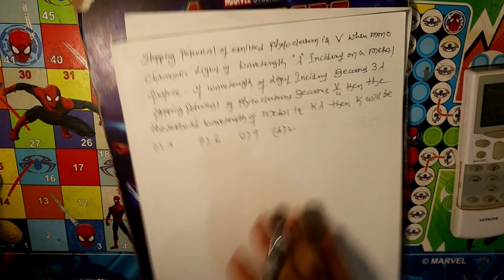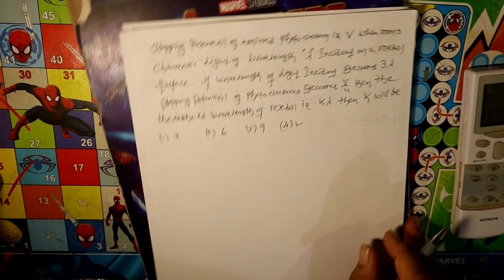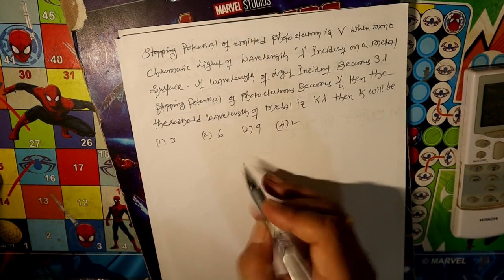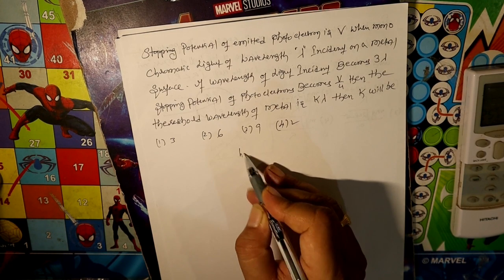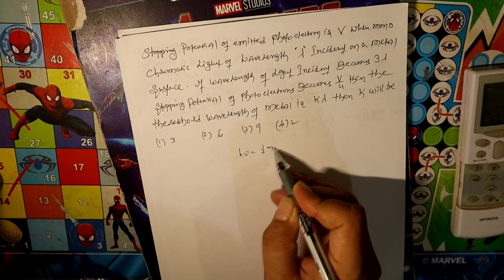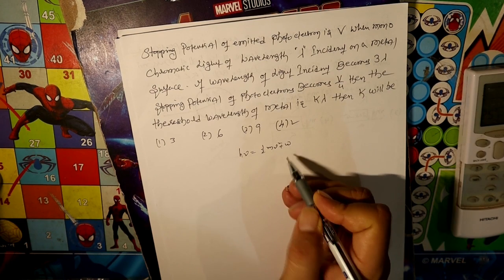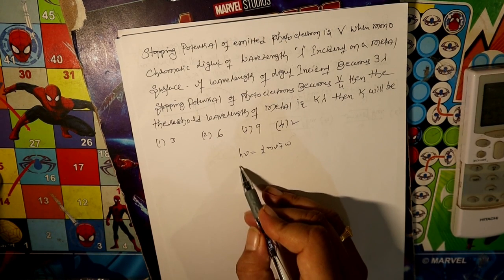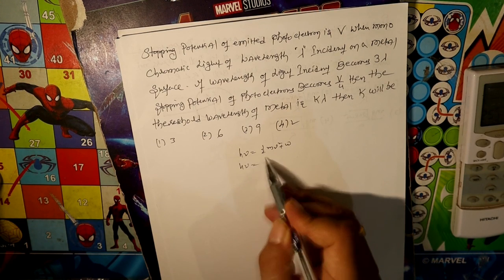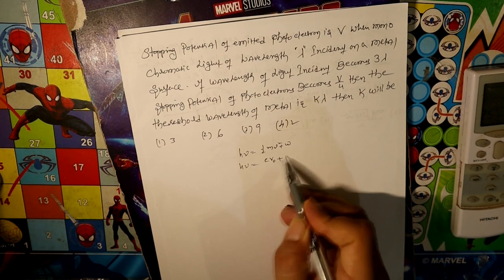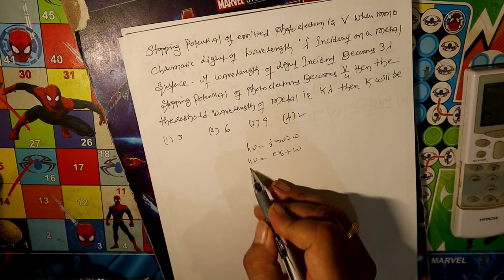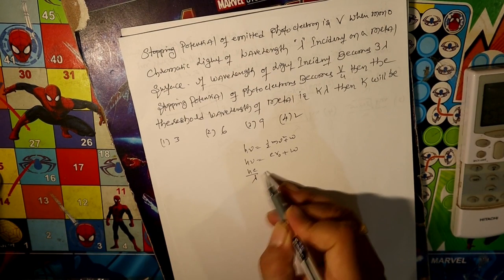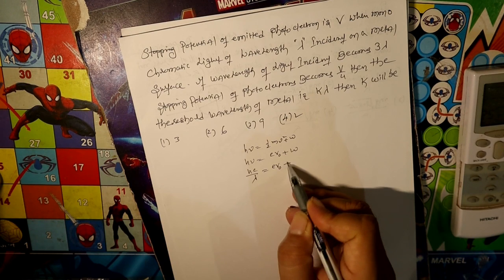This question is from modern physics, a very easy problem. We know the Einstein equation: h nu is equal to half mv square plus w. So h nu is equal to e into V naught plus w. h nu means hc by lambda, that is equal to e into V naught plus w.